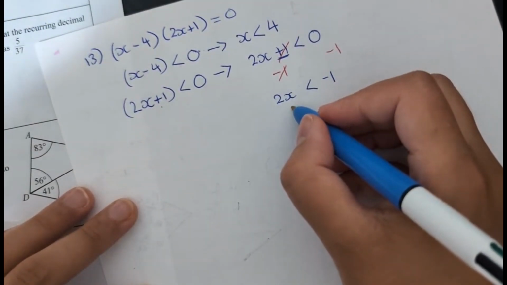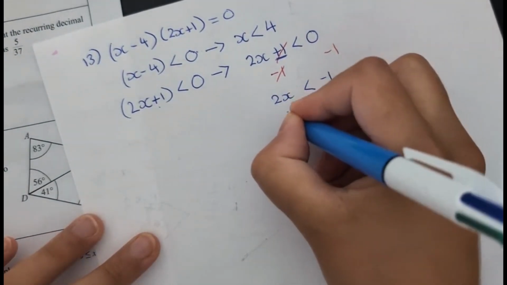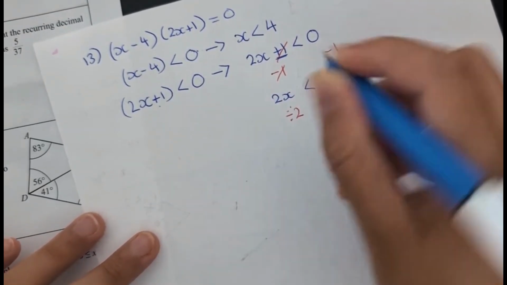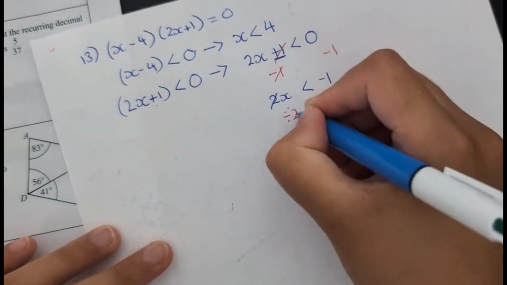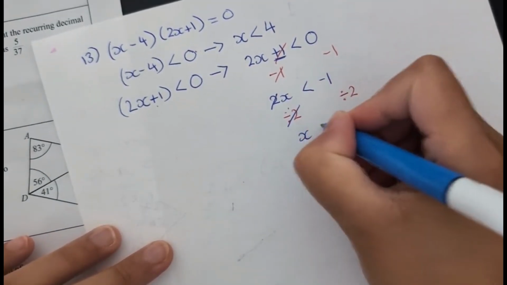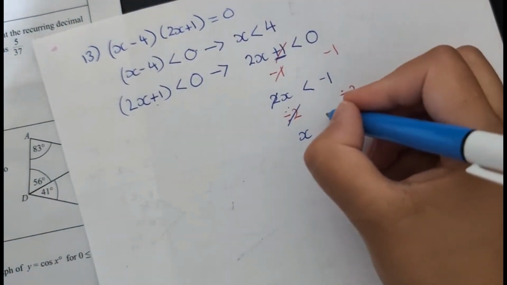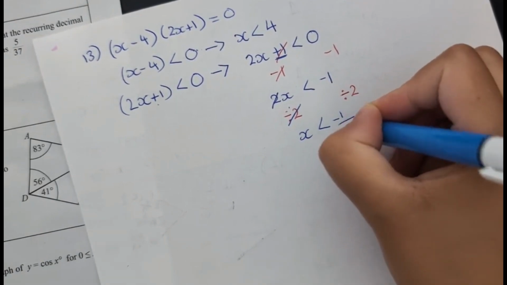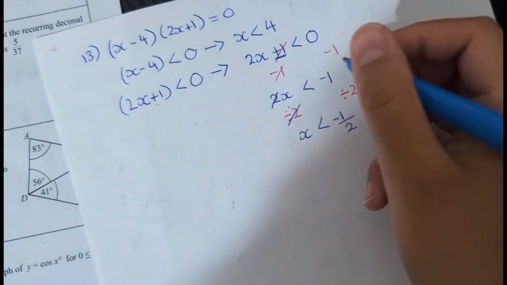And then here now the last step, I'm going to again do an inverse operation of divide by 2, okay? And that means I am now going to be left with x. x is less than negative 1 over 2. Okay, and that's my 2 answers.